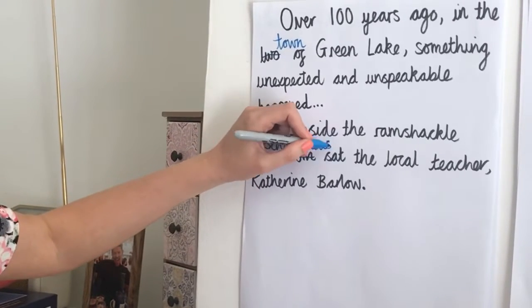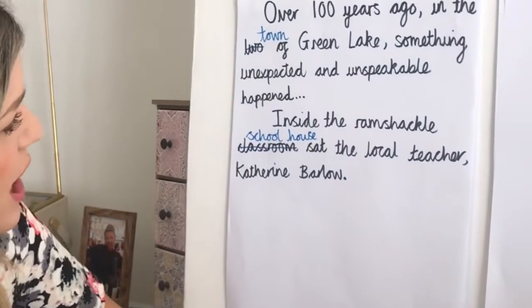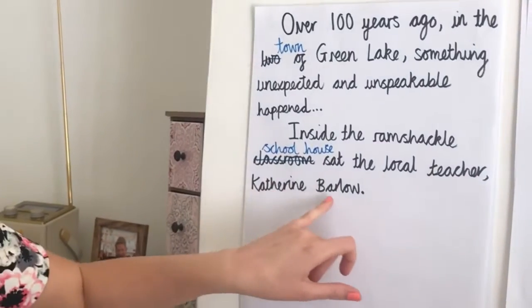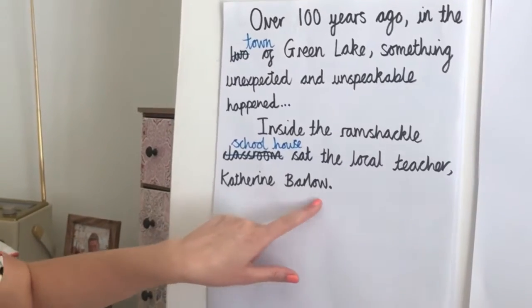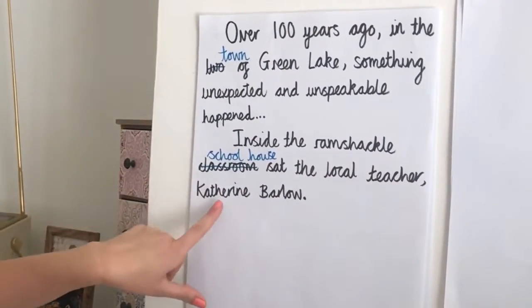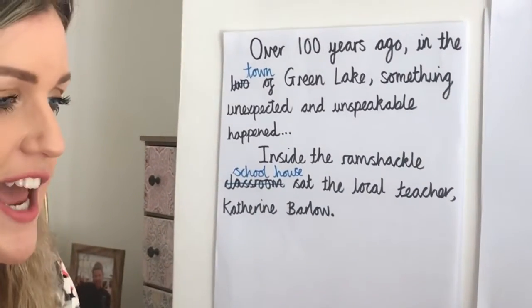We don't use that anymore, but they did at the time. Inside the ramshackle schoolhouse sat the local teacher, comma, Catherine Barlow. This is actually a relative clause, just a shorter one: sat the local teacher, comma, whose name was Catherine Barlow. So let's see what comes next.